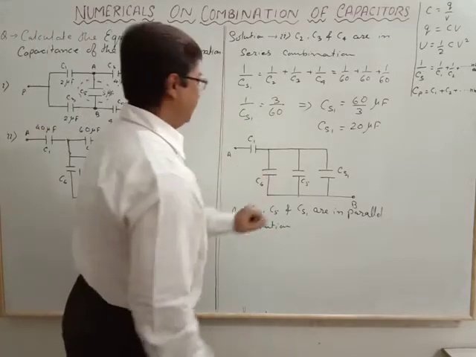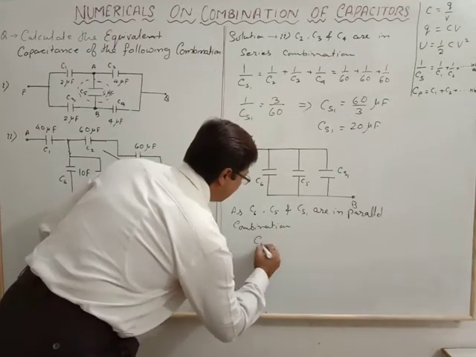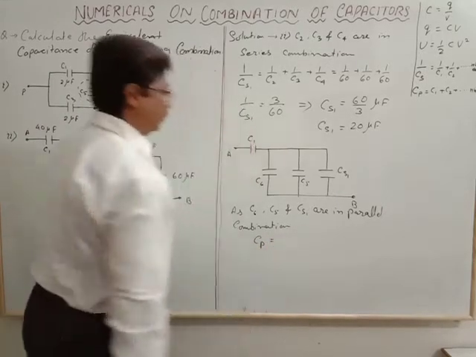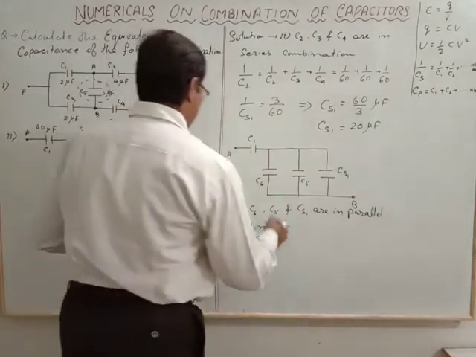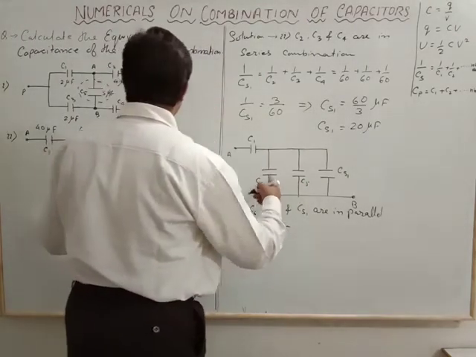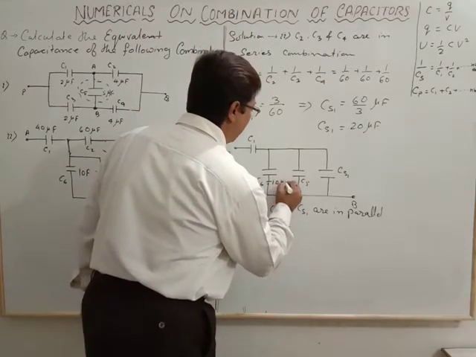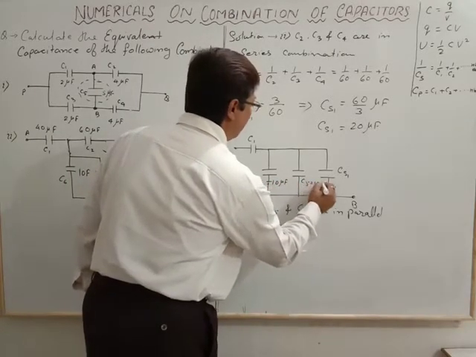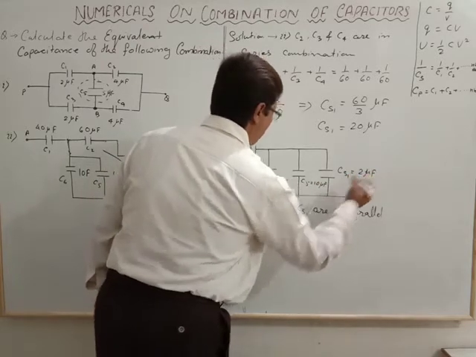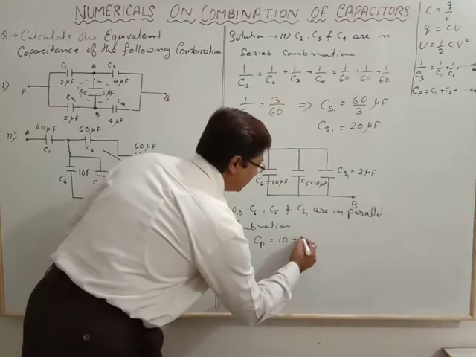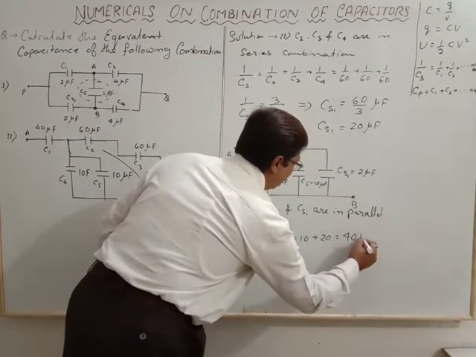Thus the parallel capacitance Cp is the combination of these three: 10 microfarad, 10 microfarad, and 20 microfarad. So 10 plus 10 plus 20 becomes 40 microfarad.